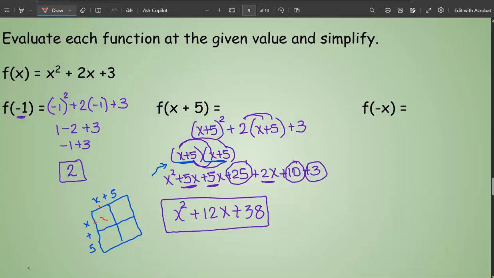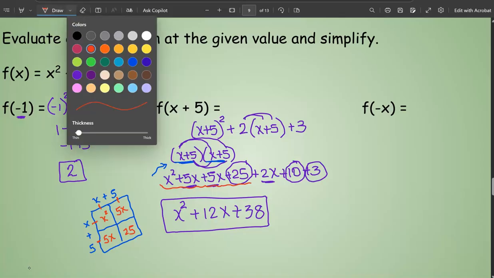So x times x is x squared. X times 5 is 5x. X times 5 is 5x. And 5 times 5 is 25. And so you can see that you end up with the exact same thing. So just another little helpful tidbit if you don't like using the FOIL method.